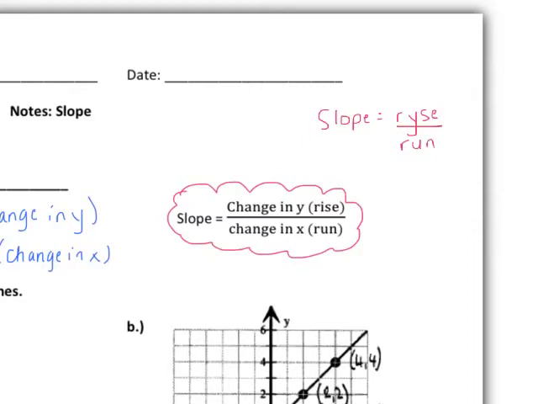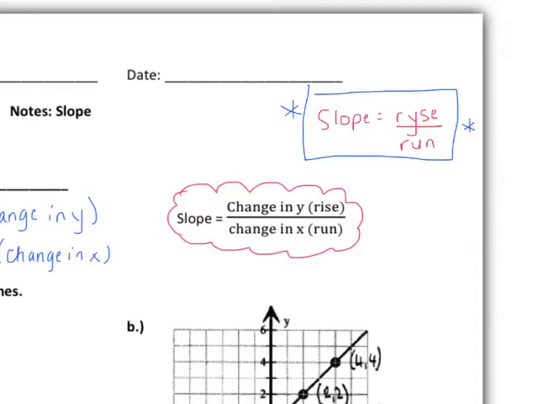Now, yes, I am very aware that I spelled the word rise wrong, but I did that for a reason. I want you to think about what that reason could be. If you're thinking to yourself, because it's the change in Y, so the rise goes on the top, with rise being spelled with a Y, then you're exactly right. So this is key. This is important. We're looking at our change in Y over our change in X.